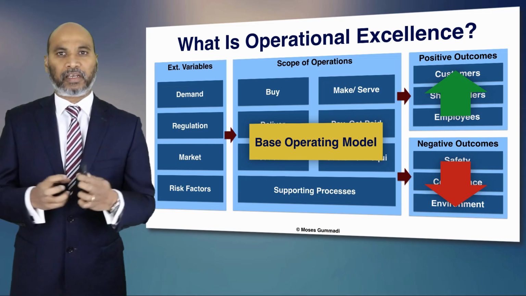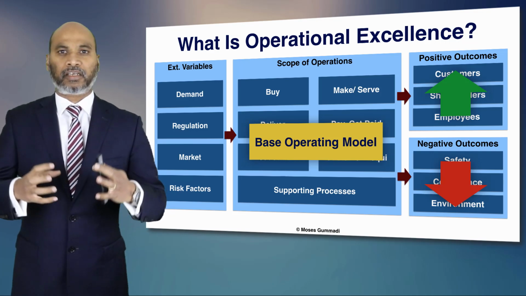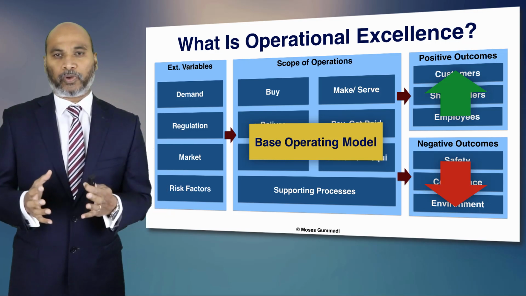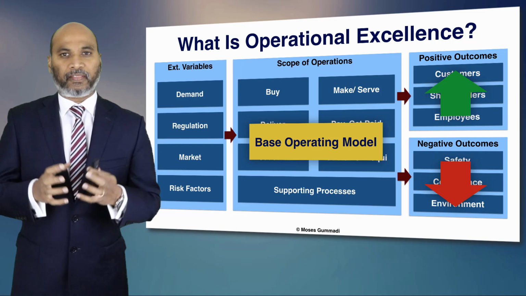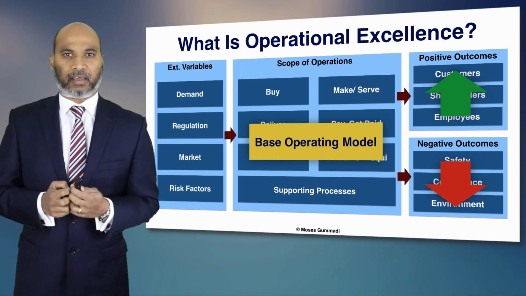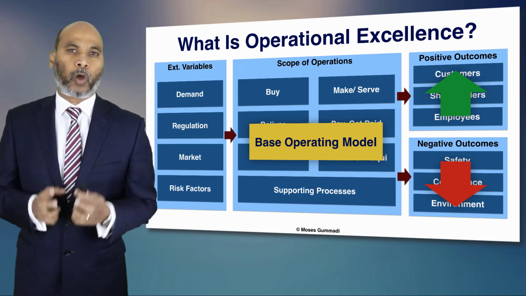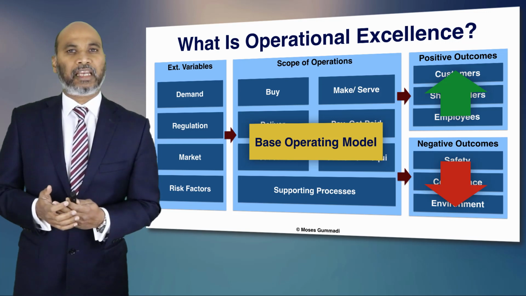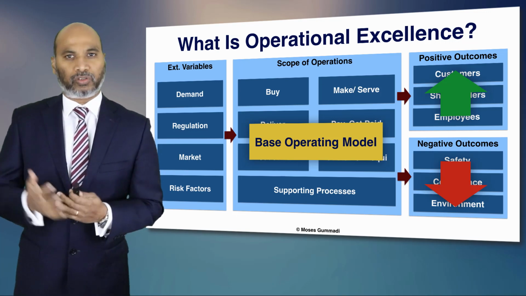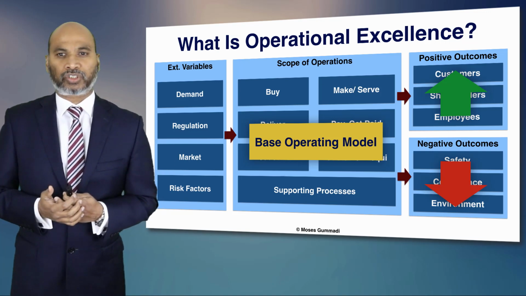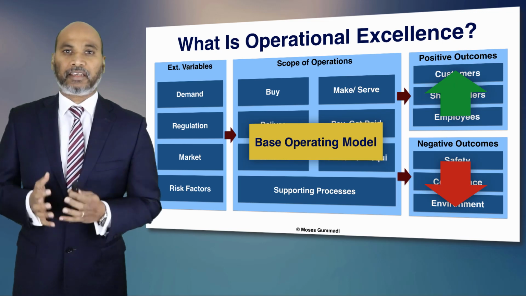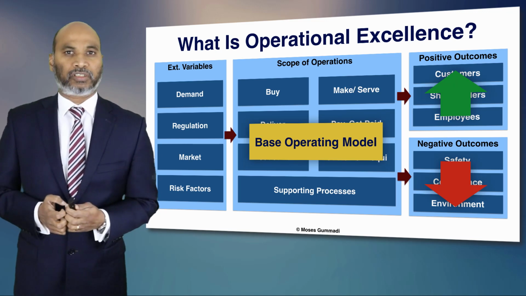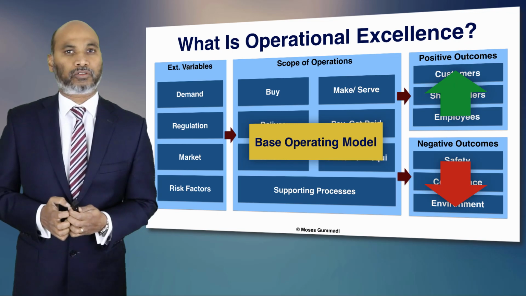How those elements, the building blocks, are connected and arranged is essentially an operating model. And that model, properly designed, your operational system properly designed, can deliver fantastic positive outcomes for your customers, shareholders and employees, and can reduce and eliminate those negative outcomes which you do not want to see.